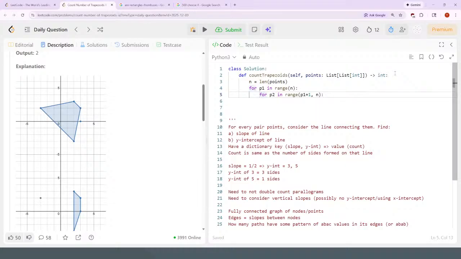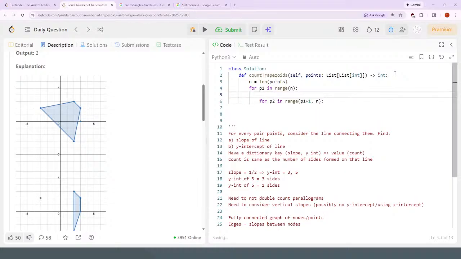I guess I can also say p1 is x1, x2. So let me think.